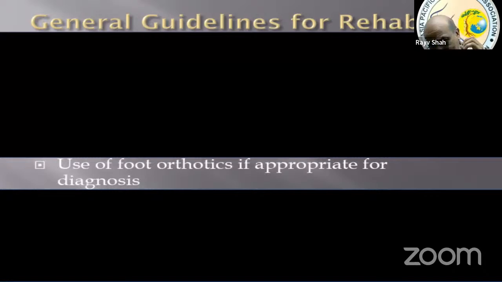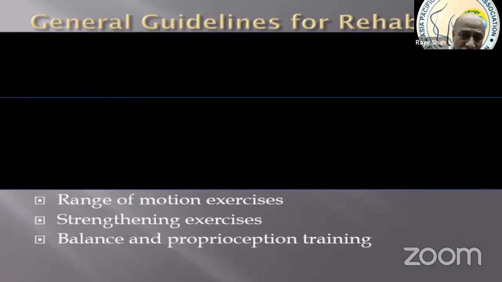All my midfoot fusions, all my Charcot cases, all my flat foot reconstructions get a medial arch support for 6 to 9 months, even sometimes beyond that. So you have to write that the patient is allowed to walk with assisted partial weight bearing with a walker, but with the use of orthotics. Unless you mention that, your physiotherapist is going to misfire.